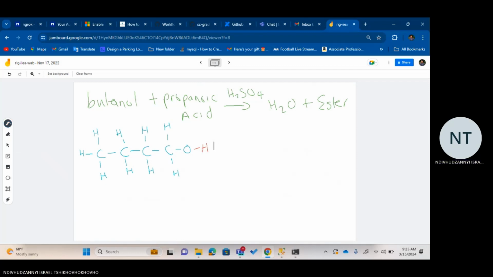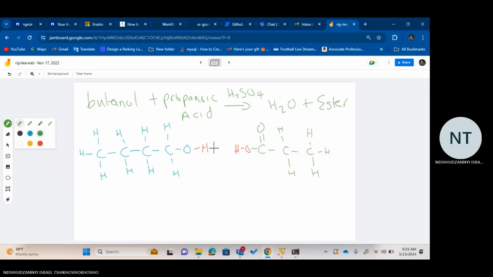And for the sake of explanation, I'll do the double bond this side. And the OH that's going to be bonded with H, I'll use a similar color with the one that I used on alcohol. Let's see.